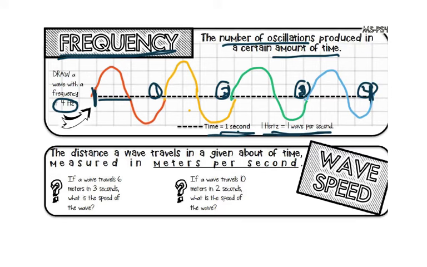Another property is wave speed, and we've dealt with speed before, so we understand that speed is the distance that a wave travels in a given amount of time. And this is measured in meters per second. So remember, to find speed, we always take distance divided by time.